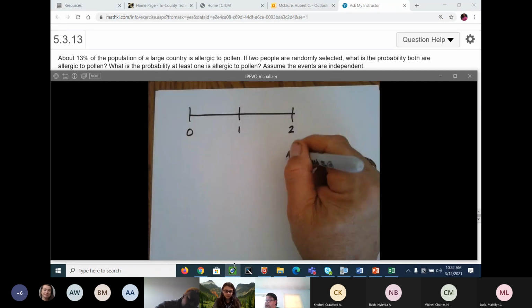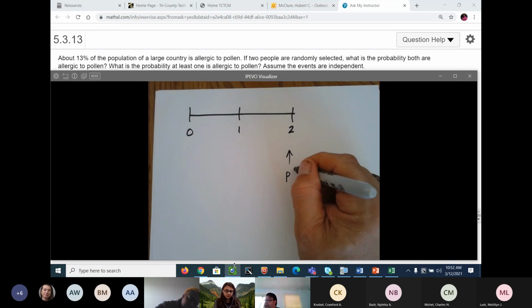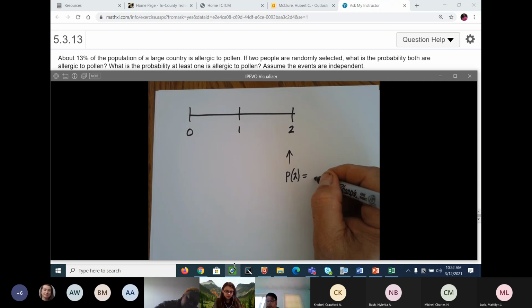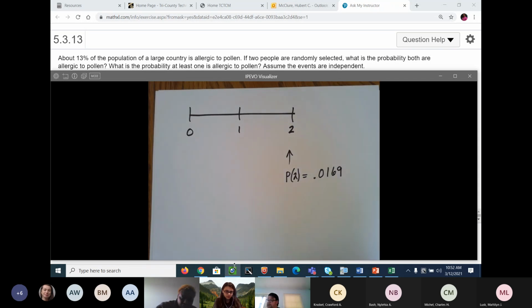And the probability of 2 people being picked for allergies is 0.0169. Does everybody understand what I just drew on the board? Now, read the next part of the question. It says, what is the probability at least 1 is allergic to pollen?